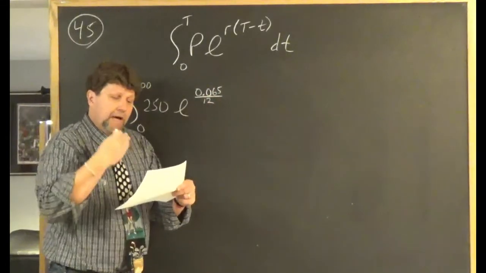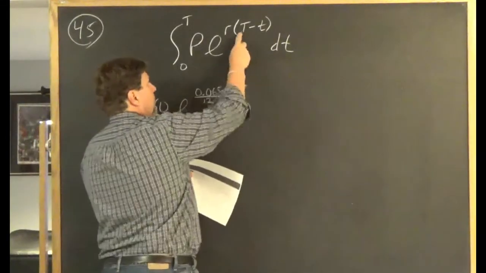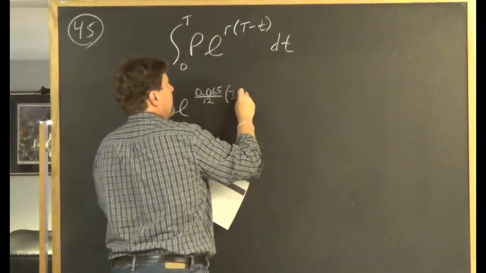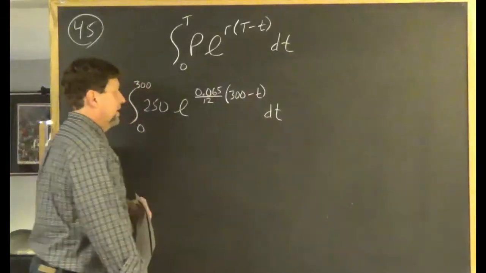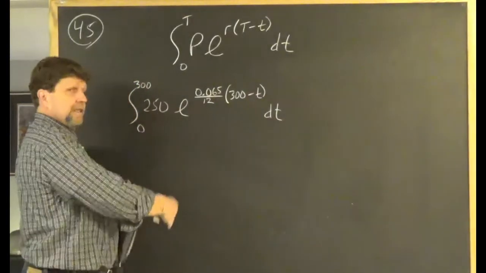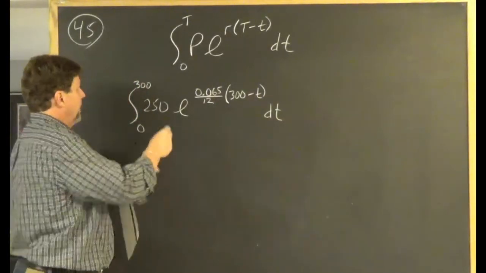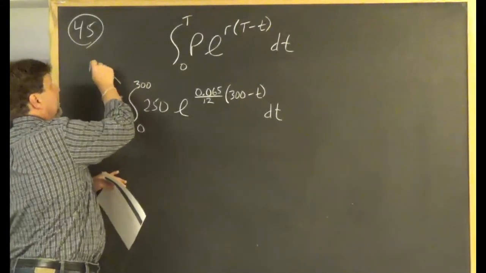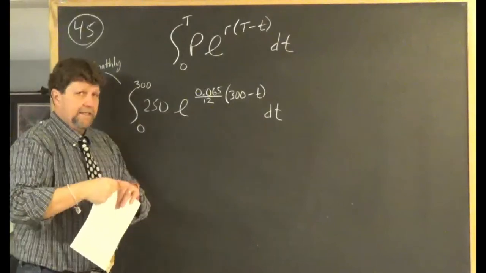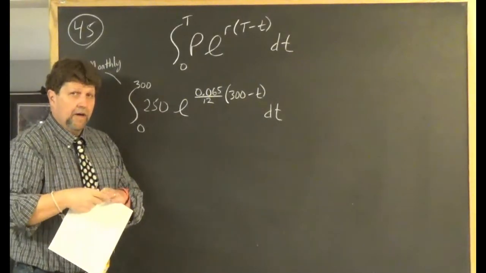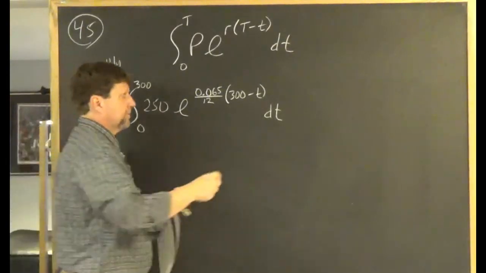That gives you the monthly rate. And then, well, we know that is 300 minus t, dt. So this is the route if you wanted to look at all units, uppercase T, P, and R, as being monthly.